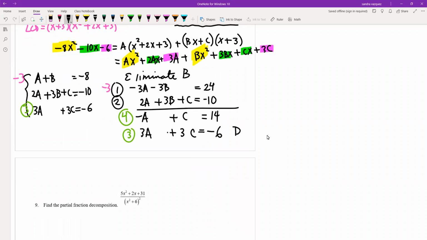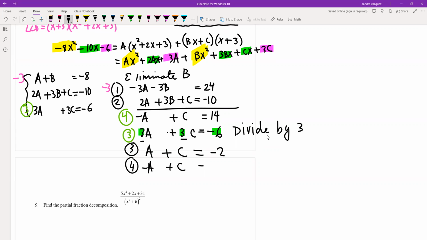So I am going to divide this one by 3 because I can see that these have a 3 here. If I factor out the GCF, I can divide by 3, and that 3 divides the negative 6. So my new equation 3 is a plus c, equal to negative 2. If I add it directly to equation 4, this cancels. I get 2c equal to 12, and c is equal to 6.